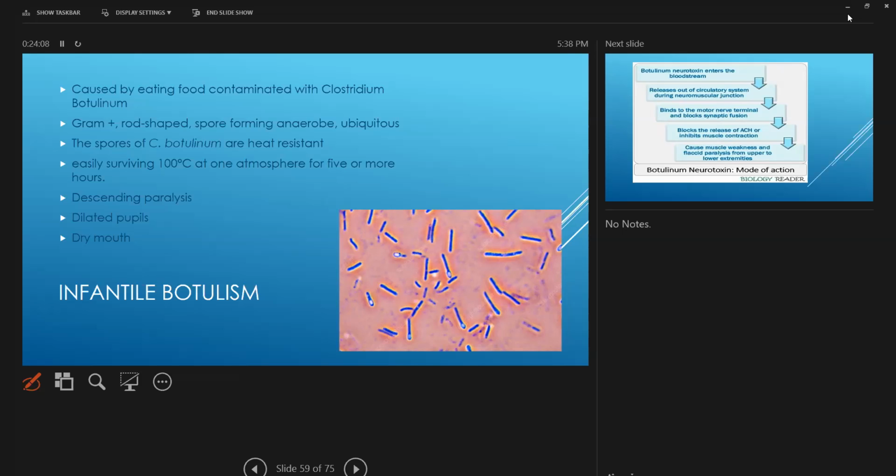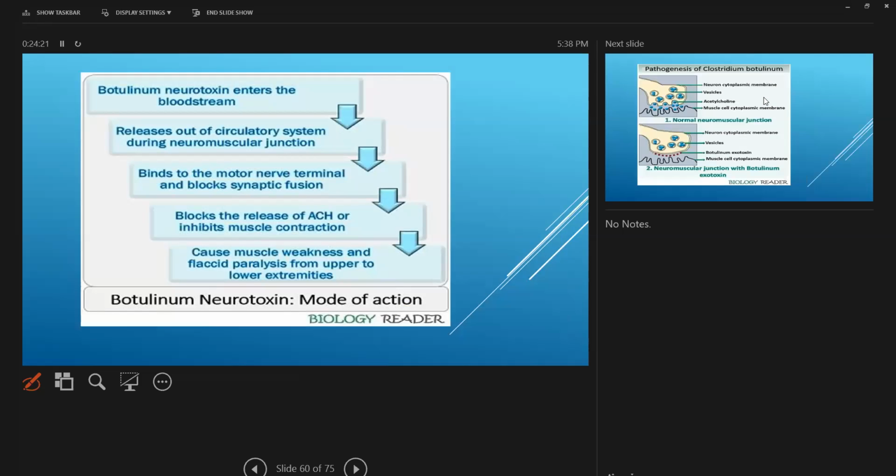So botulism is different. It's going to cause a descending paralysis. So this is something we want to jump on right away. And it can cause dilated pupils as the pupil is not able to accommodate, and dry mouth. So basically the botulism neurotoxin enters the bloodstream, releases into the circulatory system, causes problems at the neuromuscular junction, blocks synaptic fusion of ACh, or the release of ACh, however, and then causes this flaccid paralysis.